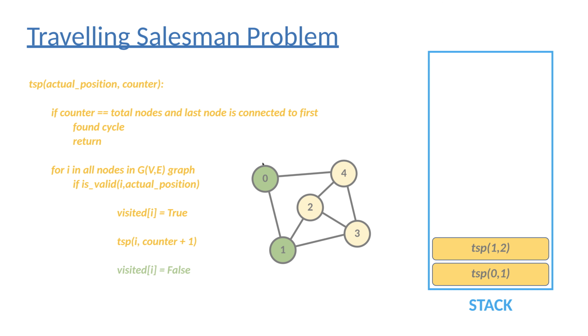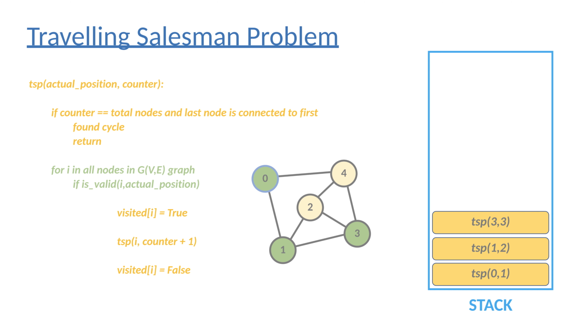We have already considered 0, 1, and 2, but we haven't considered vertex 3 when dealing with vertex 1. So we have no other option but to consider vertex 3, and then we have to call the function recursively.